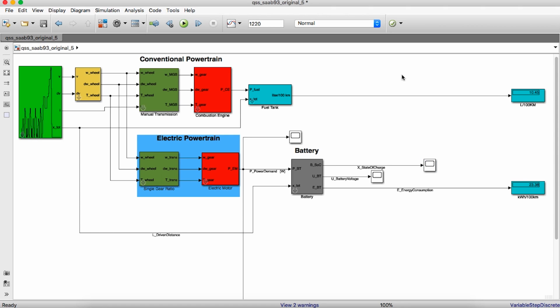The output from the conventional powertrain is to use a fuel tank, and the consumption figure will be presented as liter per 100 kilometer. For the battery, we will have something called energy consumption, and it will be presented as kilowatt hours per 100 kilometer. In this particular case, 23 kilowatt hours per 100 kilometer.